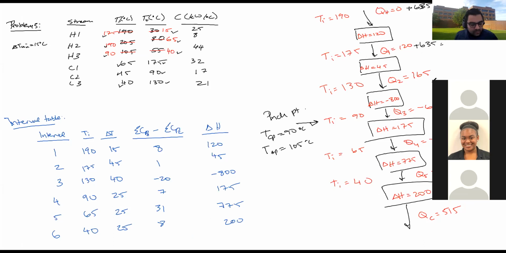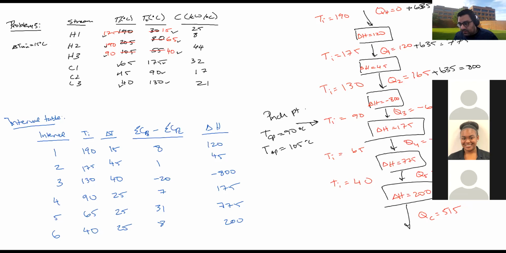Once you add it at the top, it cascades all the way down. 635 plus 120 is 775 here. Then 165 plus 635 is 800.